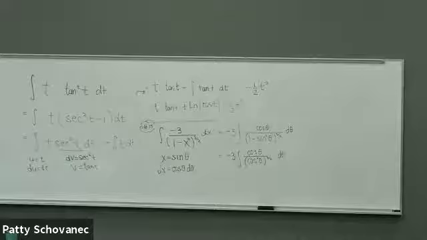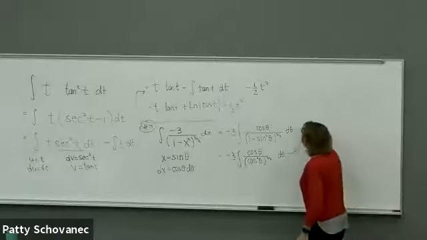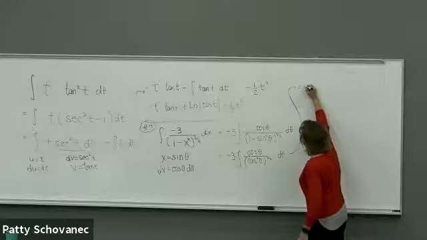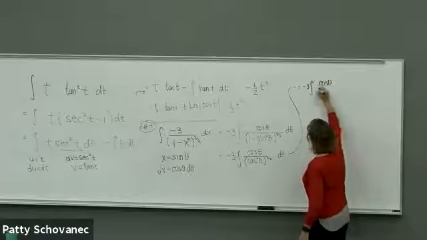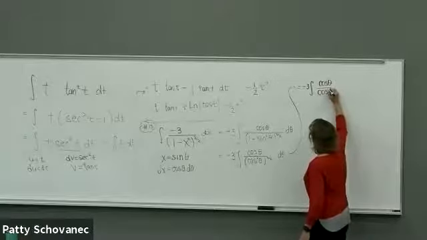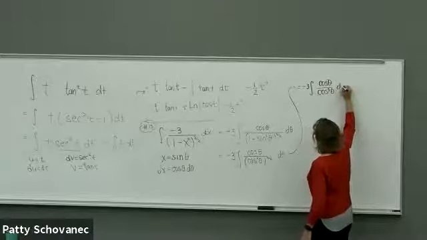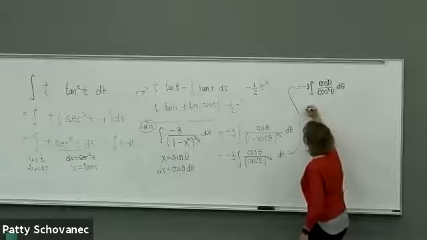When you raise a power to a power, you multiply exponents. So that's going to leave us with a cosine cubed on the bottom. Or we get 1 over cosine squared.